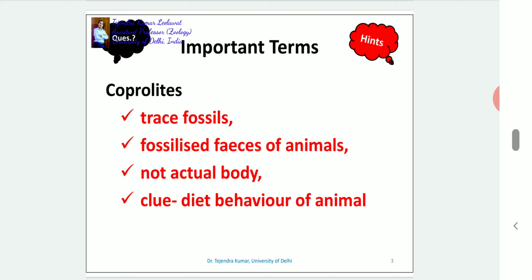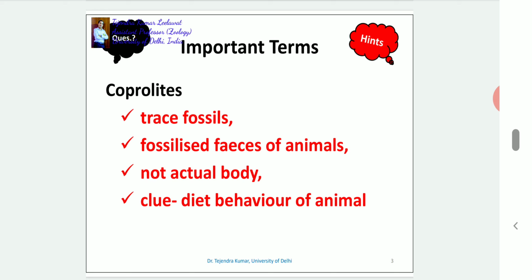There are actually two types of fossils: body fossils and trace fossils. Body fossils contain a body part like bone, or any body part, or a complete body. But trace fossils do not contain any body part. They contain some impressions or other products released from the body, like fecal matter.